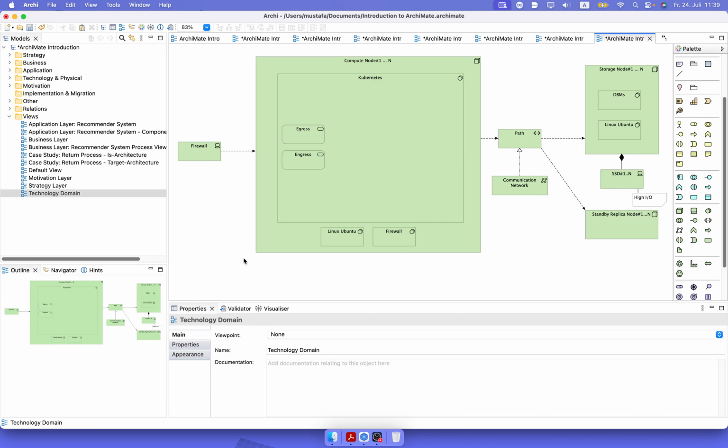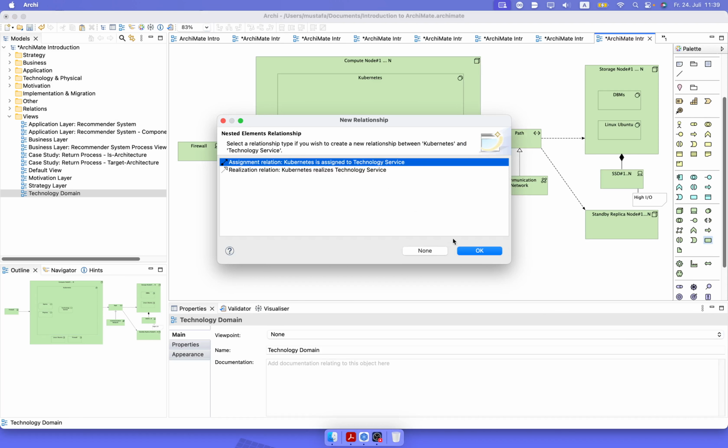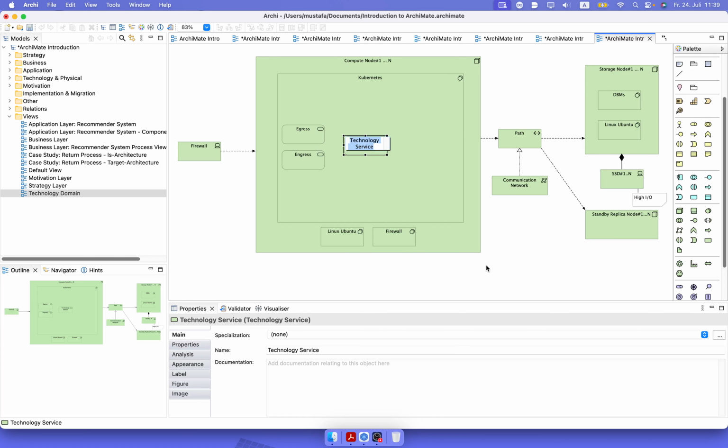So these are the parts for the communication. And then we have the application pods, application services. We have cron jobs. What else could we have in?